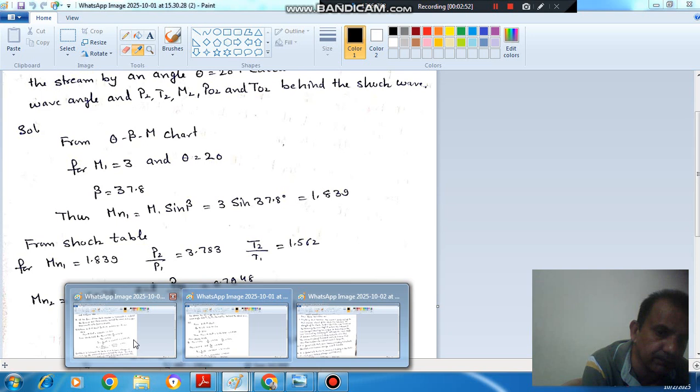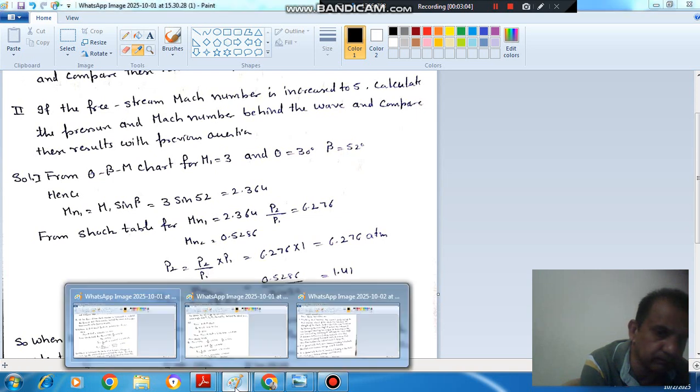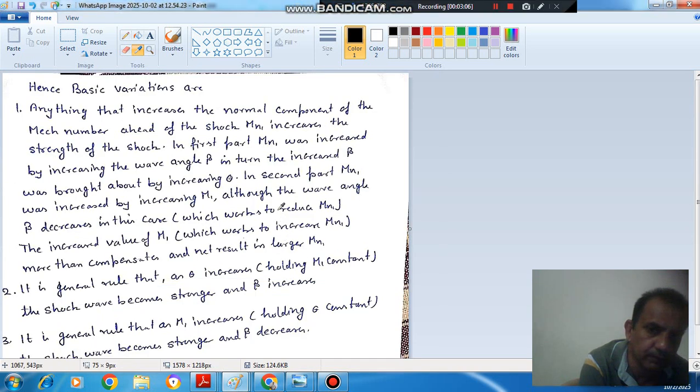Beta was increased because of the increase in theta. So an increase in theta results in an increase in beta, which results in an increase in Mn1. In turn, the increased beta was brought about by increasing theta.